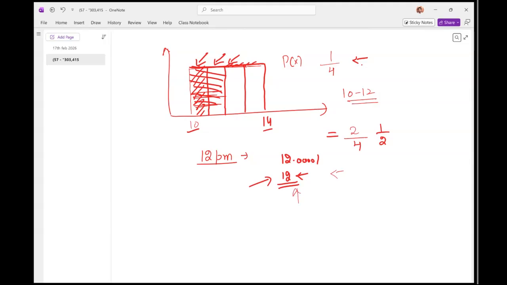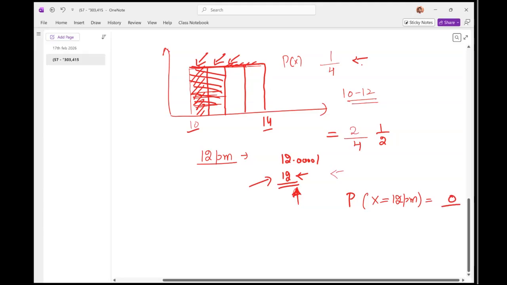When it is a continuous probability distribution, and uniform distribution is a part of continuous probability distribution, you cannot define the probability for an exact number. So the probability of the agent coming to your house exactly at 12 p.m. cannot be defined.